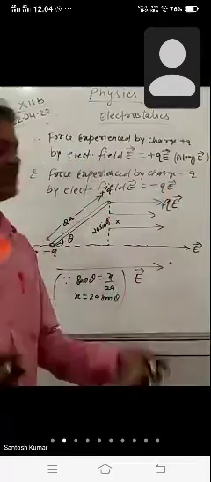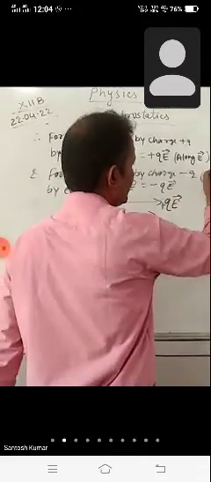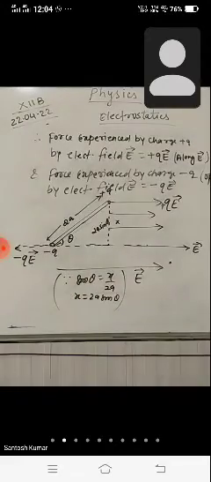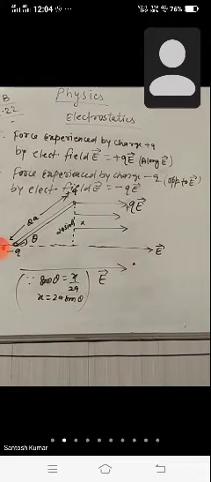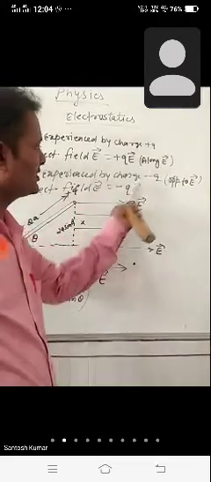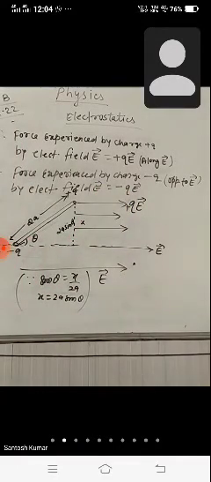This time it is opposite, not along, it is opposite to E. Is it clear to all? So both forces are the same in magnitude, but the directions are opposite due to the sign of the charge. So just note down, do it fast.